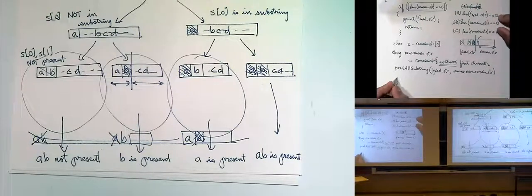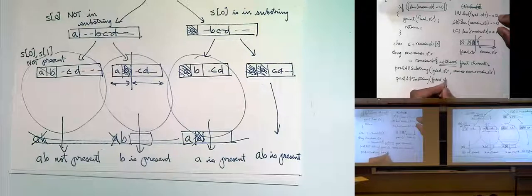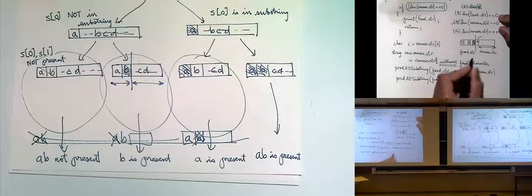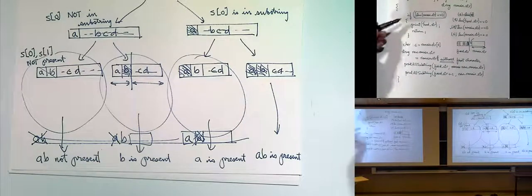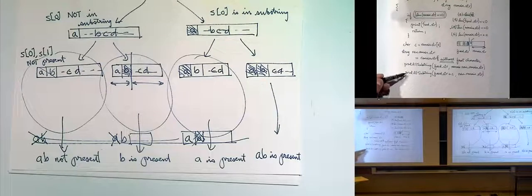And then we'll make a second recursive call, print all substrings, where we do the fixed string plus C. So I'm appending this character to the end. That's what I mean by plus C. And again, you can use an append, you can use any operation, and then you have the new remaining string here. And that's it. That's the entirety of the function, right? Okay, maybe there's more: 1, 2, 3, 4, 5, 6, 7 lines.